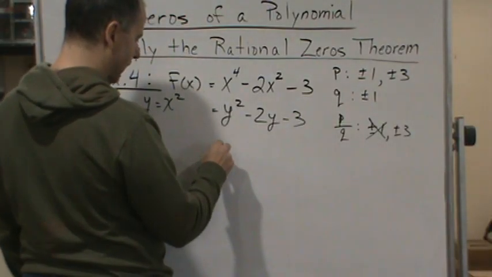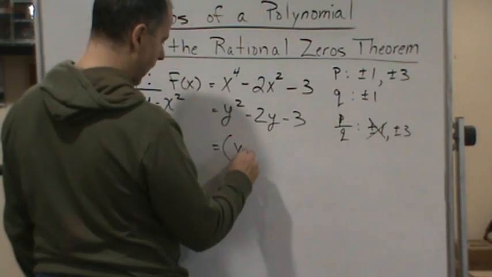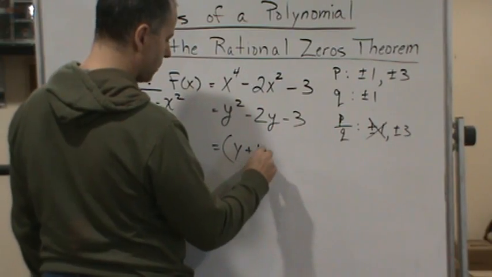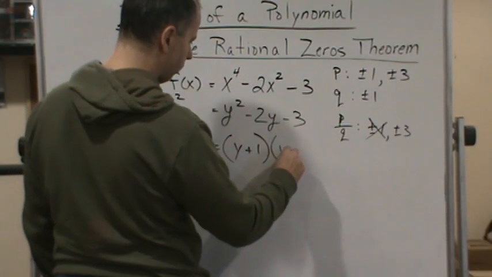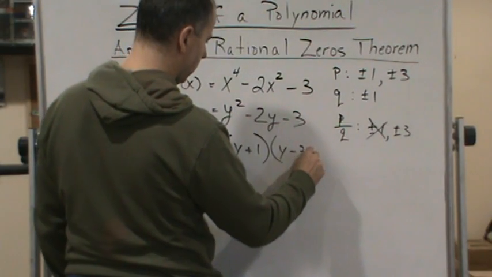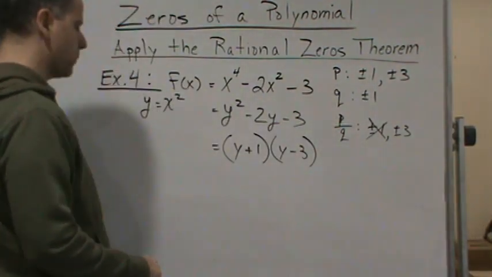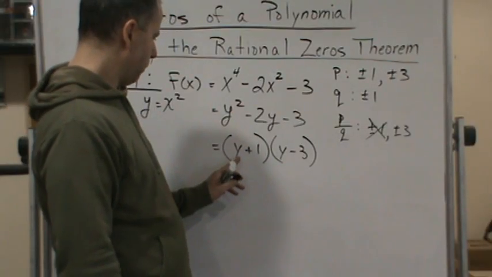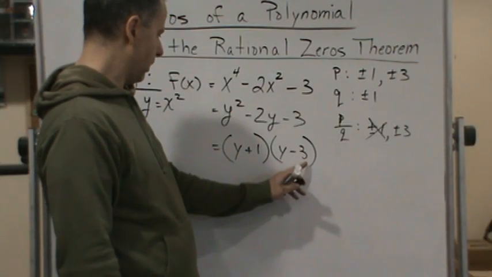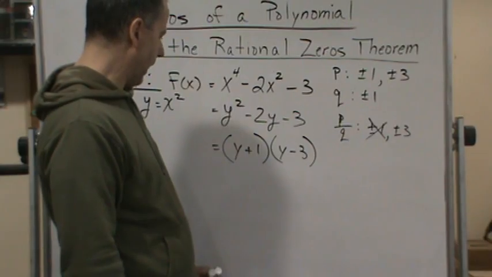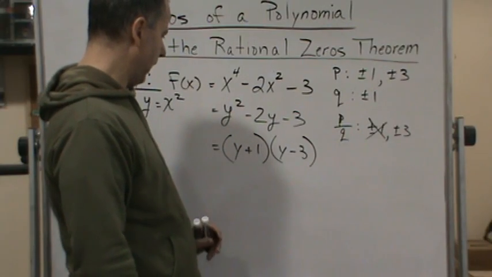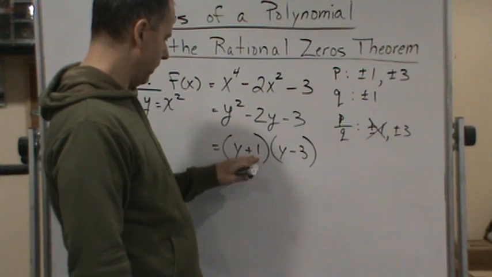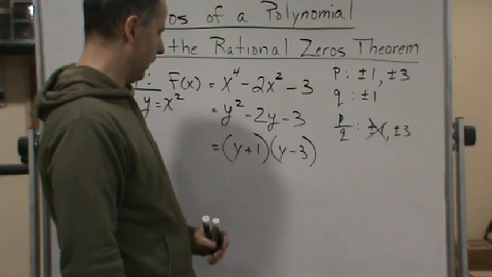So that means I can write this as y plus 1 and y minus 3. And again, you could test by factoring it out. You'll get y squared plus y minus 3y, which will give you the minus 2y, and then minus 3.